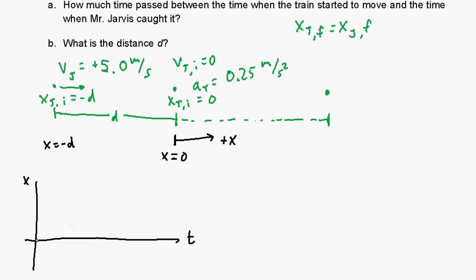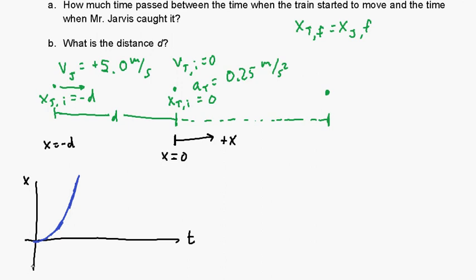Let's say the train starts off here at x equals 0, with an initial velocity of 0, and then it starts to move as time goes up. So it accelerates like this, which means the slope of its x versus t curve is constantly increasing, and it's going to look like a parabola.